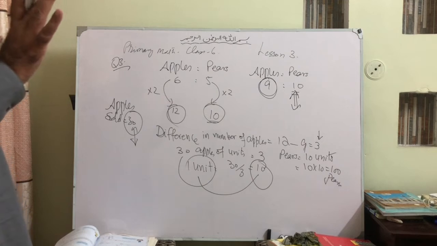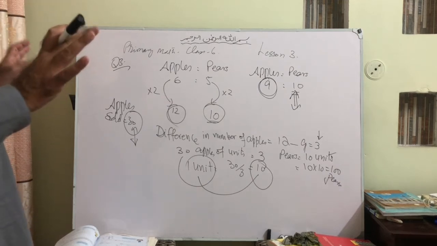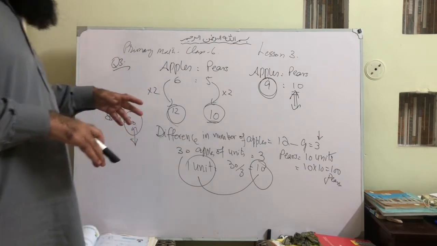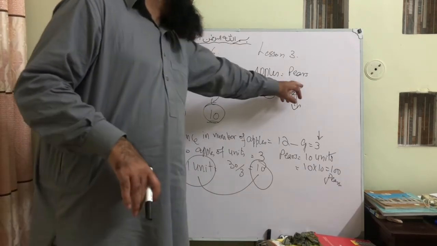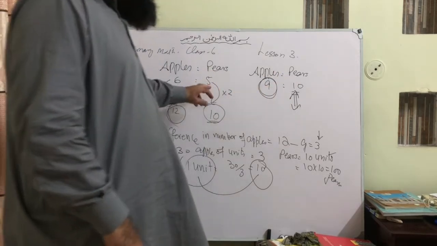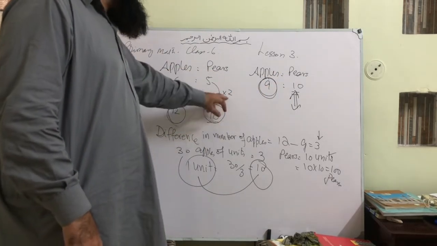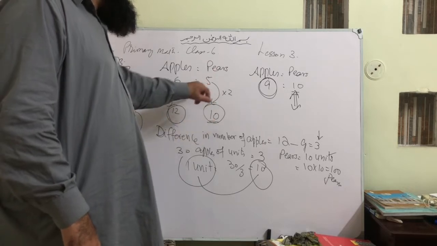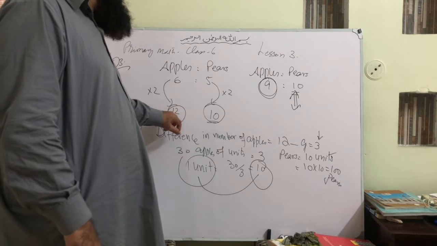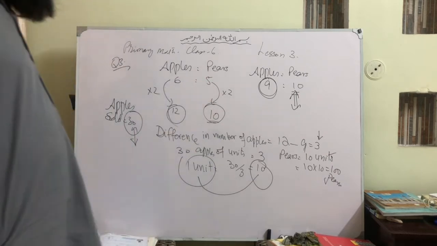So pears remain the same, there was no change in the number of pears, only the difference was in apples. So we cannot have two numbers in pears, we need to have one number. So if we have here 10, we need to have 10 here, just multiply with 2, we get 10. If we are multiplying here, we need to multiply here also 2, 12, okay. So apples became 12 and pears became 10, okay.